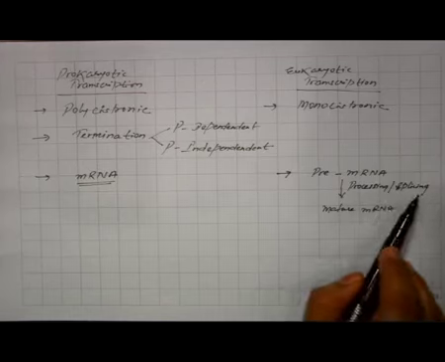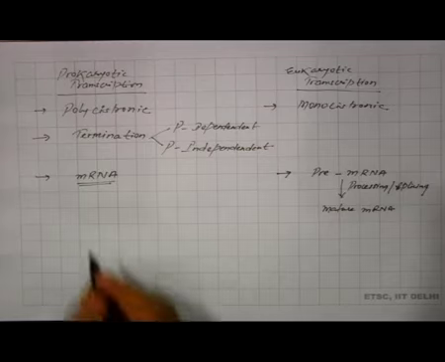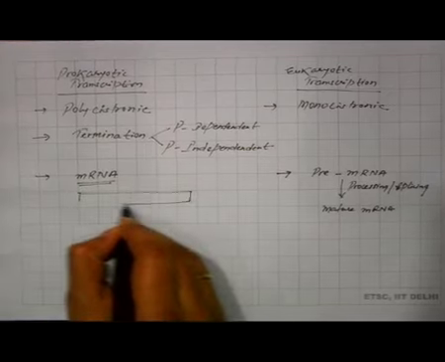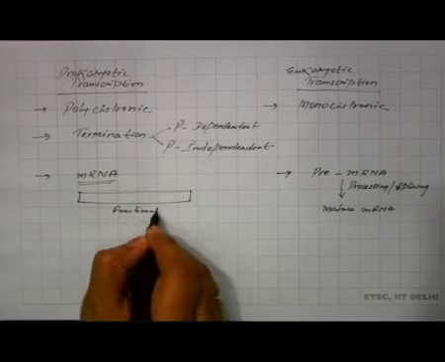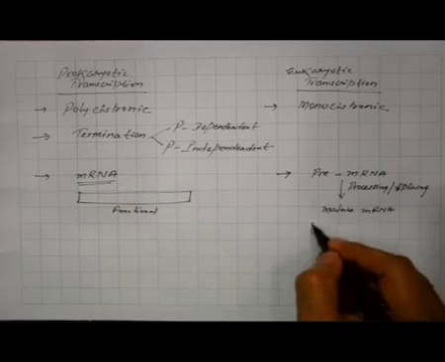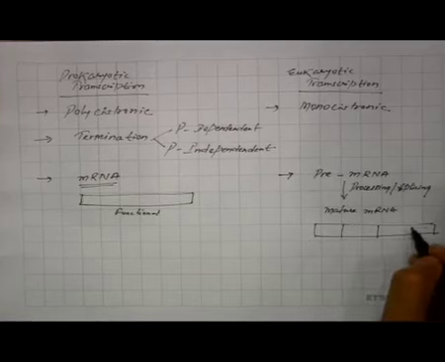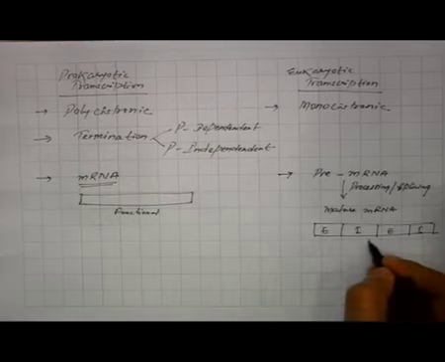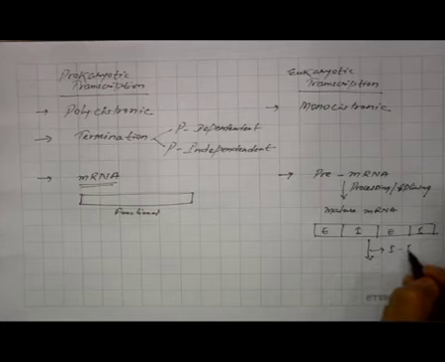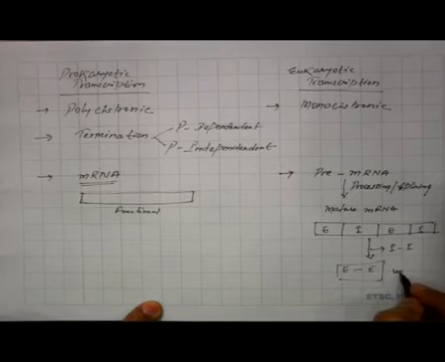This processing and splicing is not there in prokaryotic messenger RNA. So, prokaryotic messenger RNA has all its sequences functional, while in case of eukaryotes the messenger RNA synthesized after transcription is arranged as exon, intron, exon, intron, and these introns are removed and exons are spliced to form mature messenger RNA.